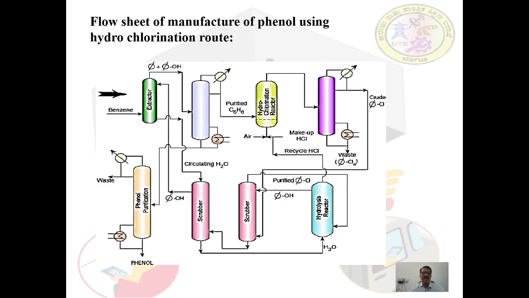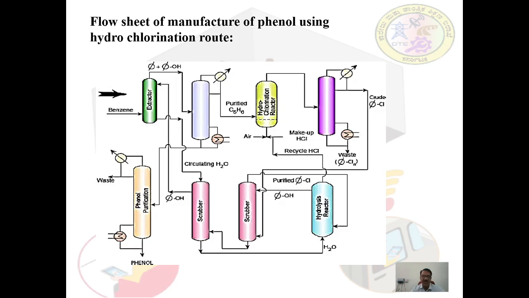Here, the benzene is extracted to remove the water from it. Then purified benzene is fed to the hydrochlorinator reactor where ferric and cupric chloride catalysts are used. Chlorination with hydrogen chloride and oxygen is carried out at 220 degrees centigrade temperature, with a short residence time to produce 10 to 20% conversion of benzene to phenol.